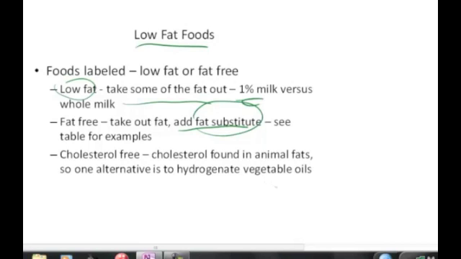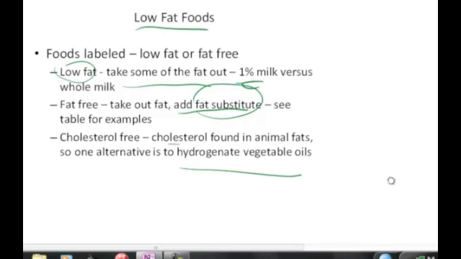And so, for example, that sometimes is good when you want a stiff fat, for example, if you're making frosting or something like that. And so an alternative to using stiff fats that also contain cholesterol was to hydrogenate vegetable oils that did not contain cholesterol to get the same consistency but no cholesterol.